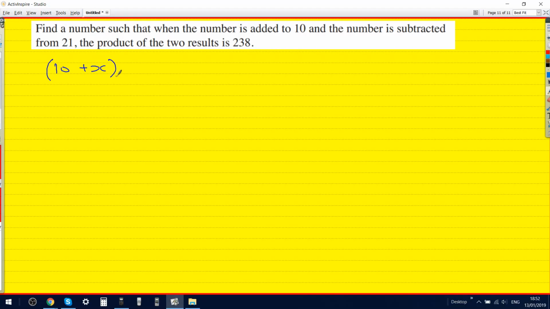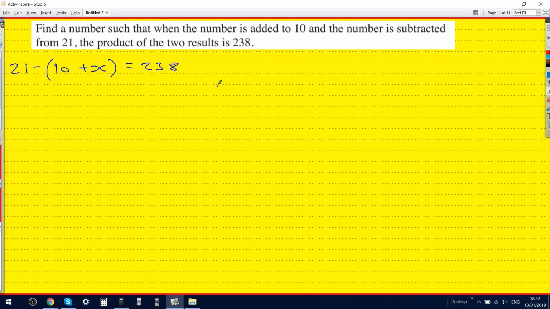So 10 plus x, and then what is it? It says this number is subtracted from 21. Oh, okay, I understood it the other way. So would you put 21 minus before the x? Yeah, perfect. And then equals 238.